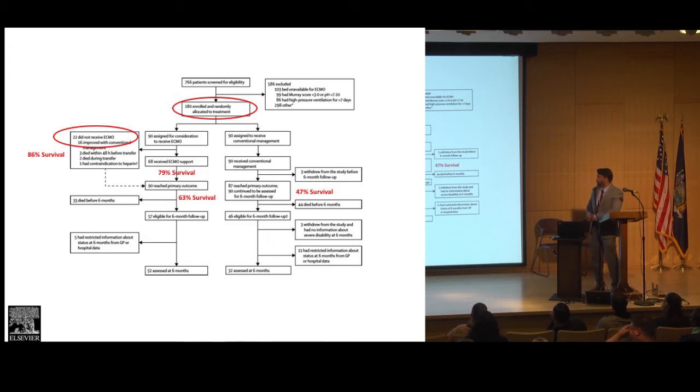They found that folks who were either placed on ECMO or went to an institution with ECMO capability had a survival of about 63% compared to 47%. So what does that tell you? Does that say ECMO is the way to go? Not really, but it does tell you that ECMO gives you the opportunity to do things a bit differently. You can use it to help patients and have a higher survival rate.